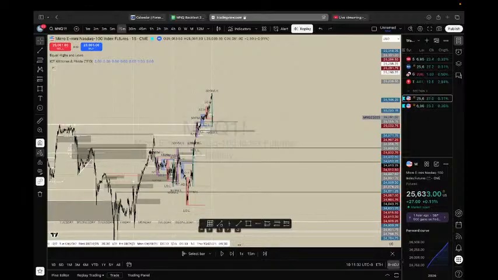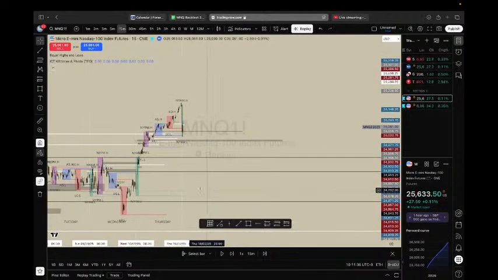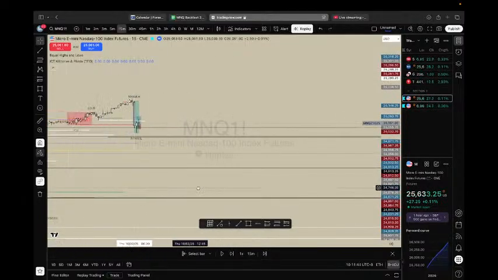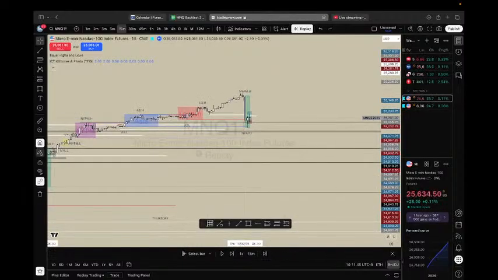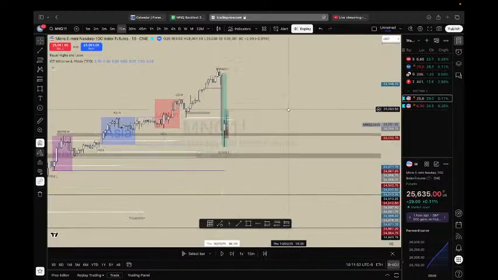You want a liquidity sweep off of a higher time frame, and then more often than not, you want to be delivering from a key level, like a 15-minute fair value gap or an order block, something that can give you extra confirmation that your trade is going to hit.